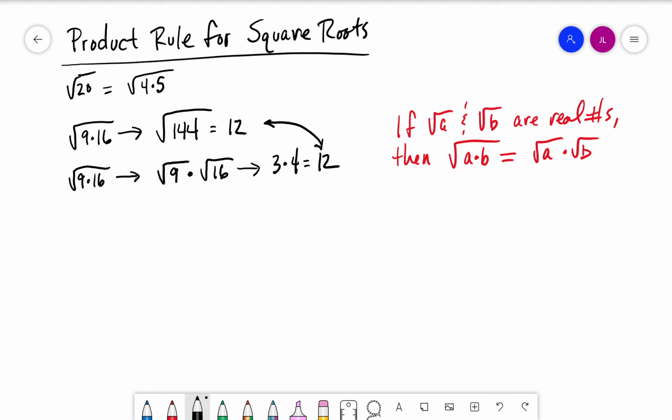Well, it helps when we get into factoring. The square root of a product is equal to the product of the square roots.